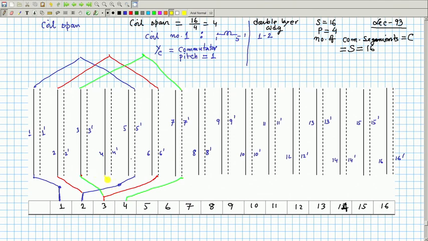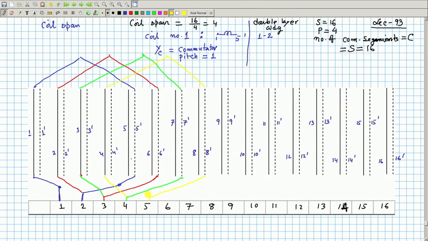I will not draw further. 4, then 8 dashed it will go. This last one let me draw. 8 dashed it will return, and it will be terminated on this. In this way, I will go on completing the winding diagram.